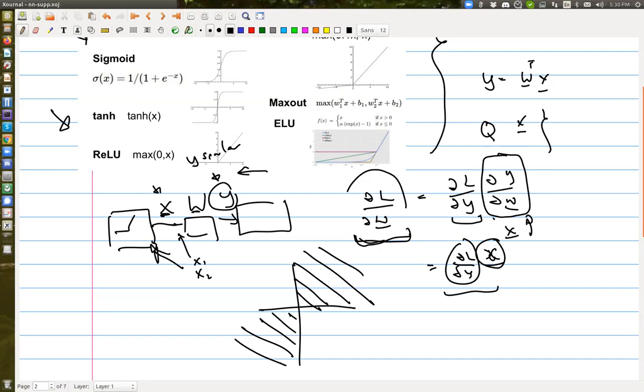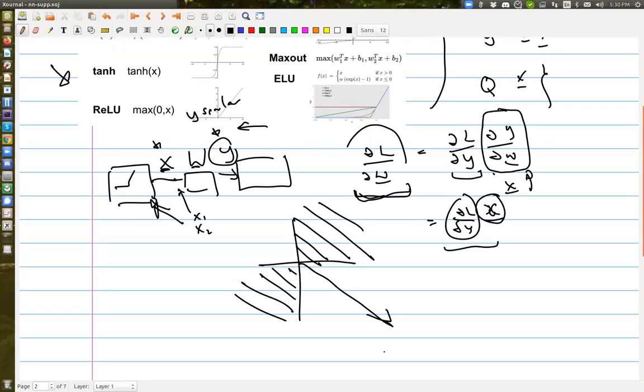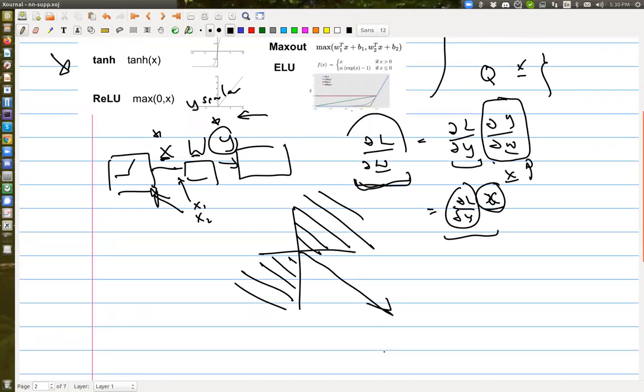Now, if I think of, for example, doing gradient descent along this direction here, maybe I'm not sure.